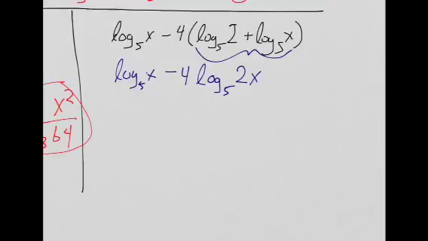Now I can take advantage of the power rule and bring this up as a power. But I've got to realize I'm taking 4 times the entire log, so I'm taking everything to the 4th power.